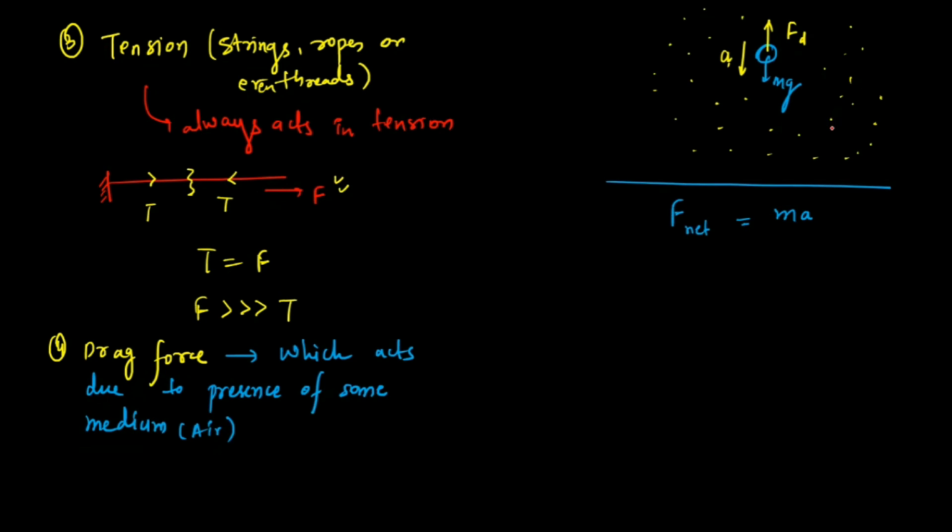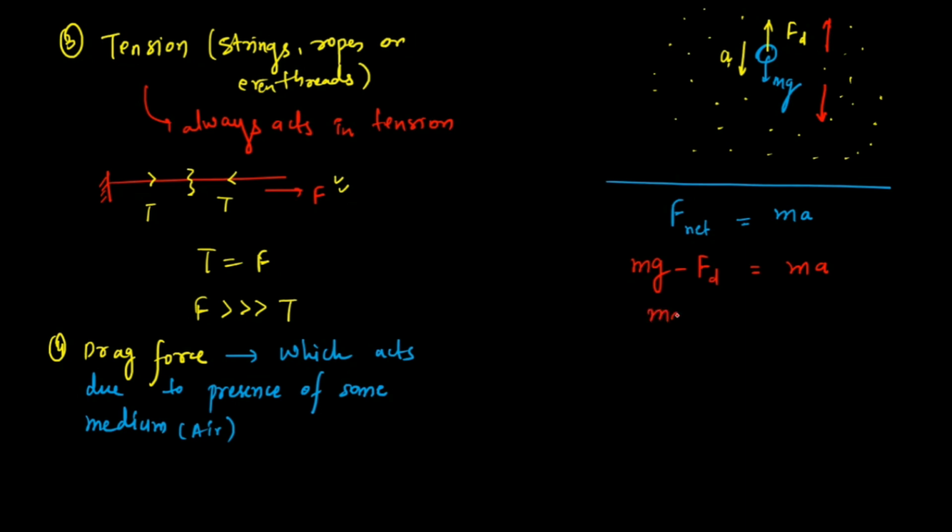In which direction is this object moving, downward or upward? Downward. So if it is going in the downward direction, it is pretty much clear that the force acting in the downward direction would be more than the force acting in the upward direction. So the net force can be calculated by downward force minus upward force, which is going to be mg minus fd, and this is equal to ma.